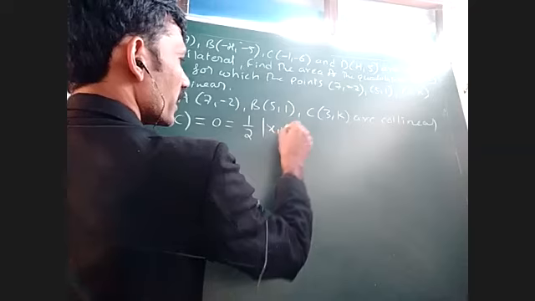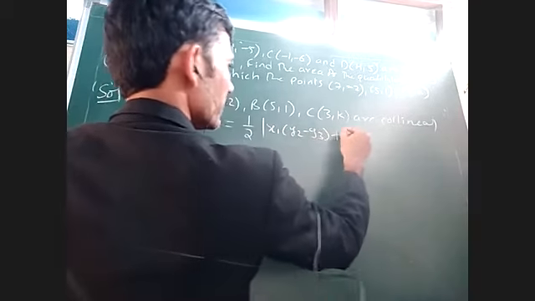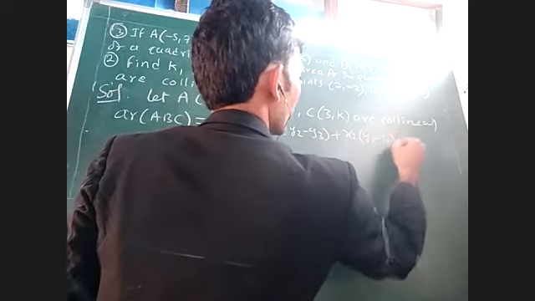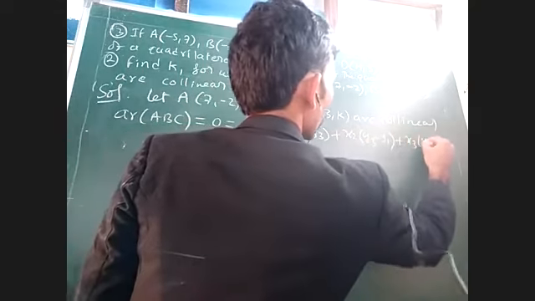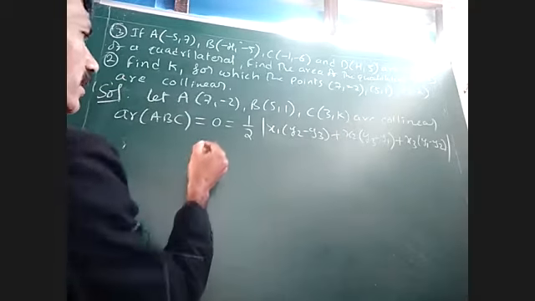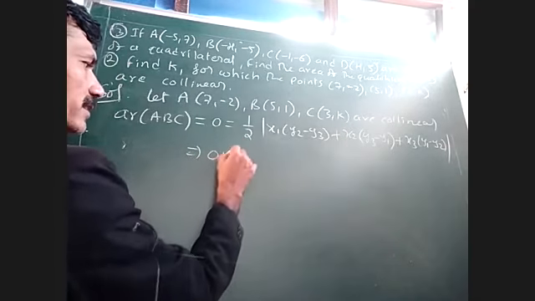Half of x1 times (y2 minus y3), plus x2 times (y3 minus y1), plus x3 times (y1 minus y2). We know the area is 0, that implies this equals 0. The half also you can bring to this side.